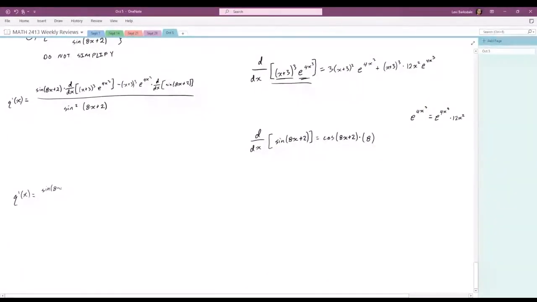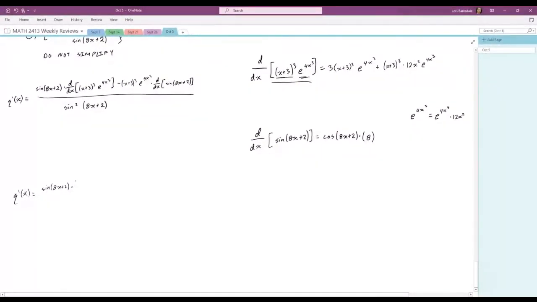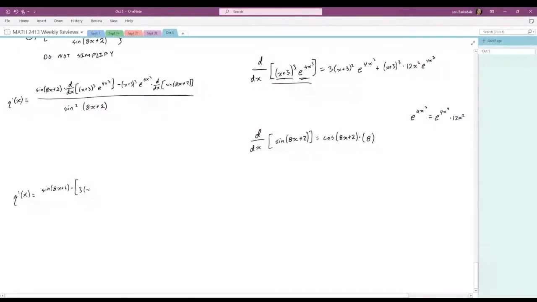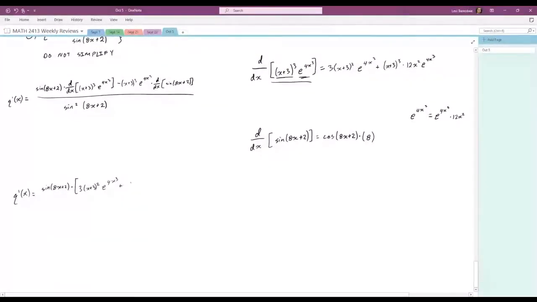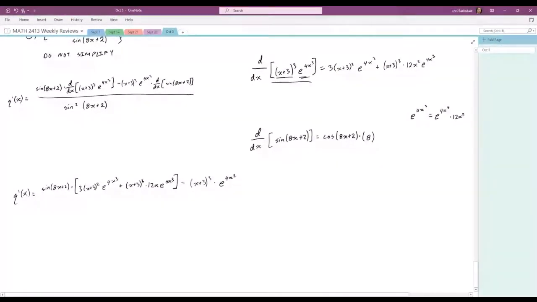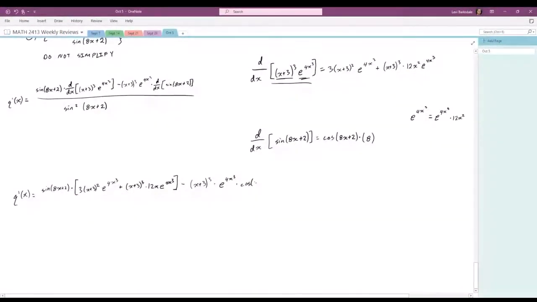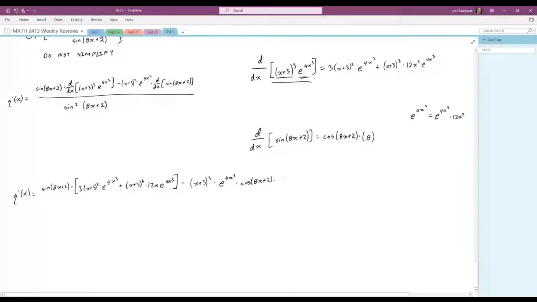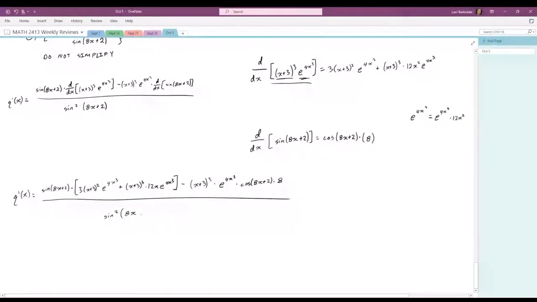And that will give me sine of 8x plus 2 times 3 times x plus 3 squared e to the 4x cubed plus x plus 3 cubed times 12x e to the 4x cubed, minus x plus 3 cubed times e to the 4x cubed times cosine 8x plus 2 times 8, all divided by sine squared 8x plus 2.